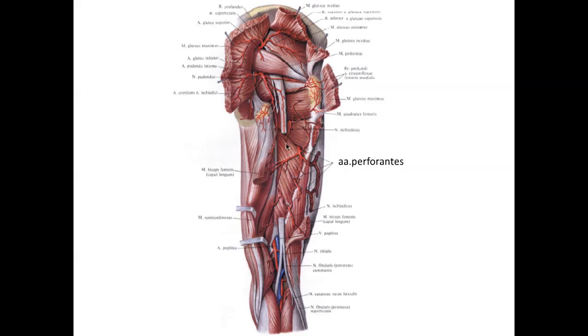First of all, we can see here several perforating arteries, arteriae perforantes. First, second, and third. And now one more vessel, ramus profundus arteriae circumflexae femoris medialis. Ramus profundus, arteriae circumflexae femoris medialis.